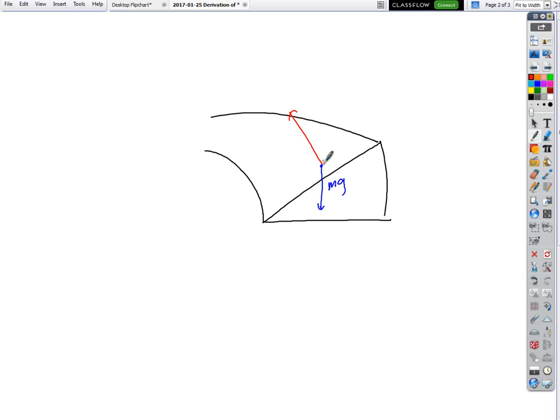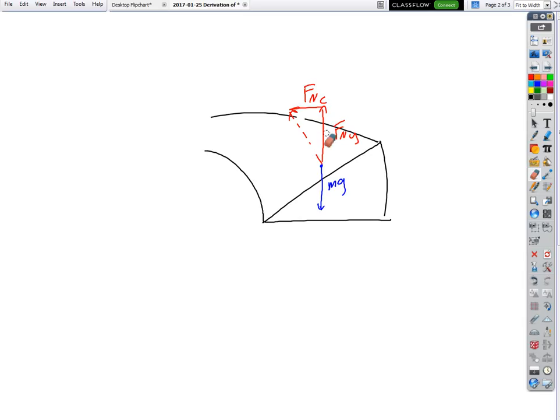So if I took that normal force and broke it into a Y component, a vertical component, and a horizontal component, I'm not going to call that X, I'm going to call that R, because it's pointing towards the center of the circle. Sometimes you'll see us call it a centripetal component.